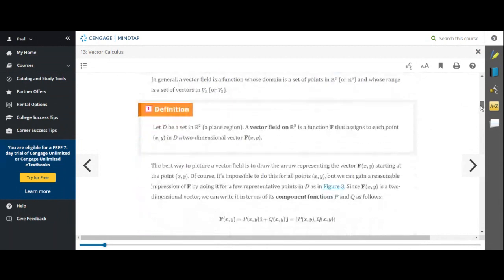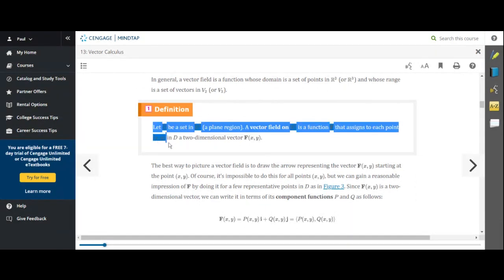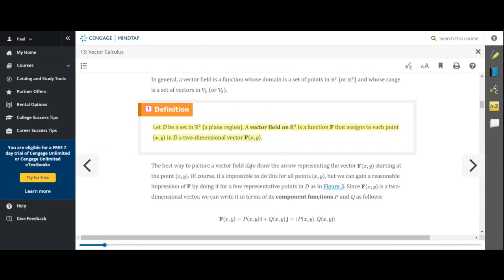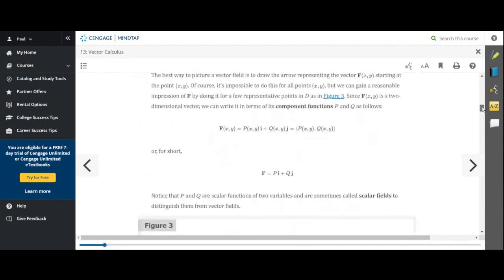So you can have 2-dimensional and 3-dimensional vector fields. A vector field in a plane is a vector function F that assigns to each point a 2-dimensional vector. Let's get concrete and look at an example.